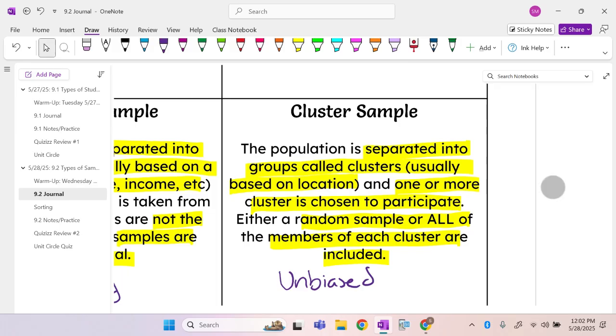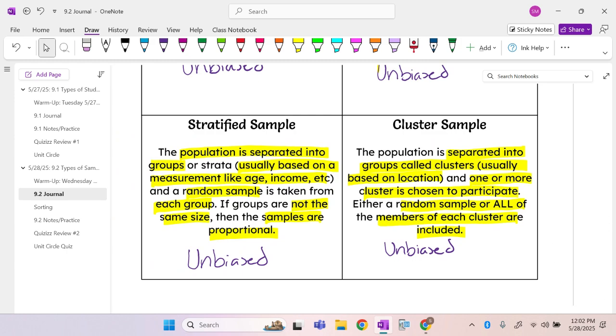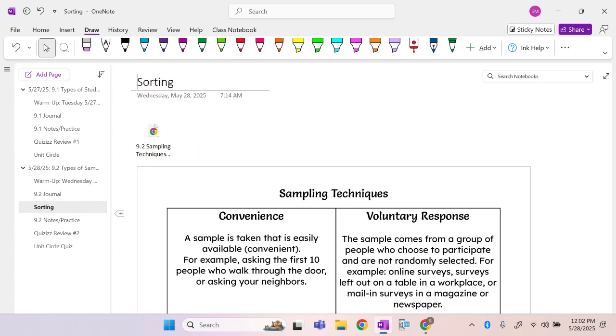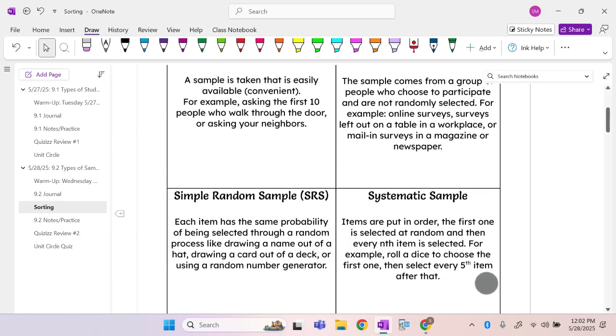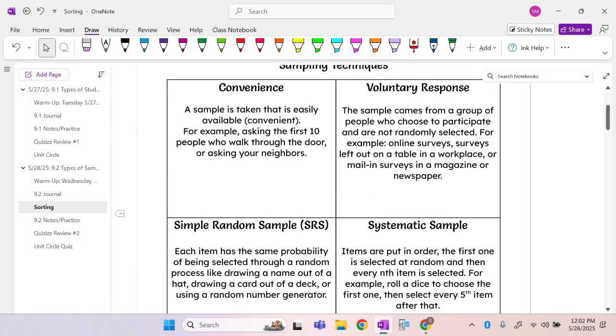Okay, so now that we know what we know, let's see if you guys can identify. This is where your whiteboard comes in. I'm going to give you guys an example, and you're going to say whether it is convenience, voluntary, SRS, systematic, cluster, or stratified.